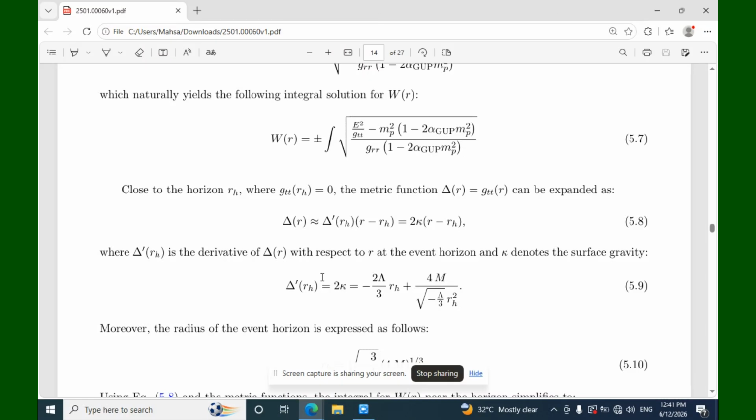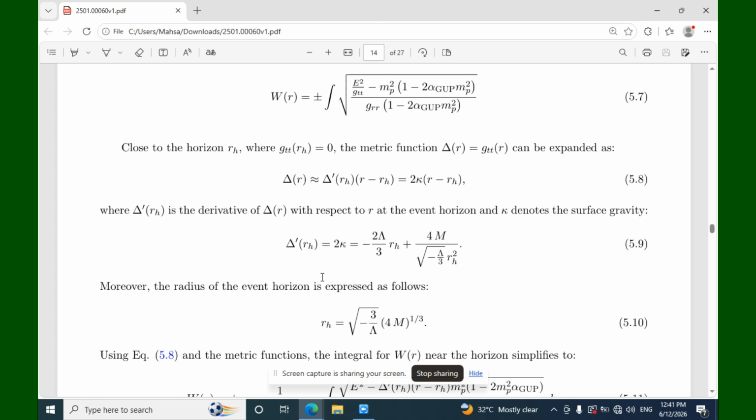WR is equal to positive negative integral square root E to the power of 2 GTT minus MP to the power of 2 multiplied by 1 minus 2 alpha GUP MP to the power of 2 divided by GR 1 minus 2 alpha GUP MP to the power of 2, close to the horizon RH where GTT is equal to 0 and the metric function delta R is equal to GTT can be expanded as these formulations.